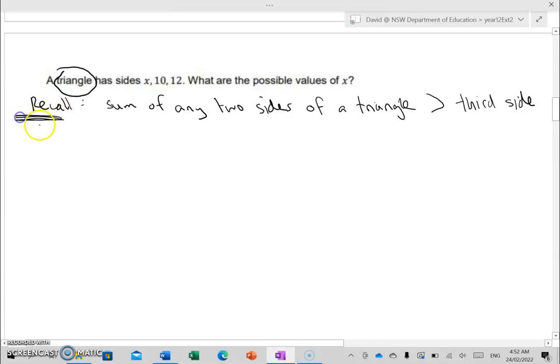Recall, fundamental to the triangle inequality is the idea that the sum of any 2 sides of a triangle is greater than the third side. So if you have a triangle here, 10, 12, x, I can say start from here and go to here and go, well, if I travel the 10 plus x path, that should be greater than traveling the 12 path.